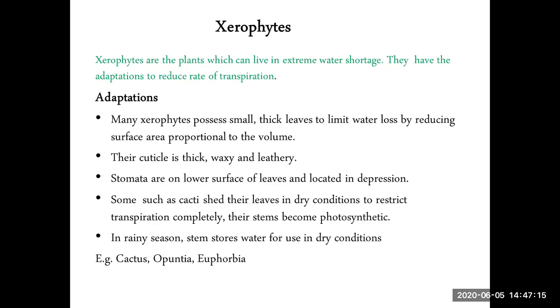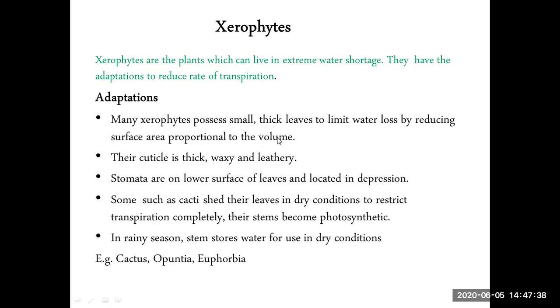What kind of adaptation they have? Number one, they possess small thick leaves. Small thick leaves to limit loss of water by reducing surface area proportional to volume.